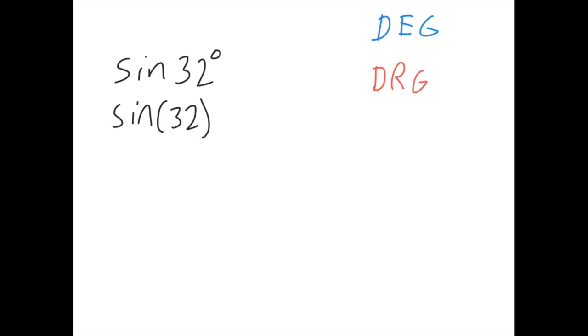Then press enter, and it'll give you a long decimal, and unless you get directions that tell you differently, please round to 4 decimal places. So round to 4 decimal places, that would be to the nearest 10,000th.